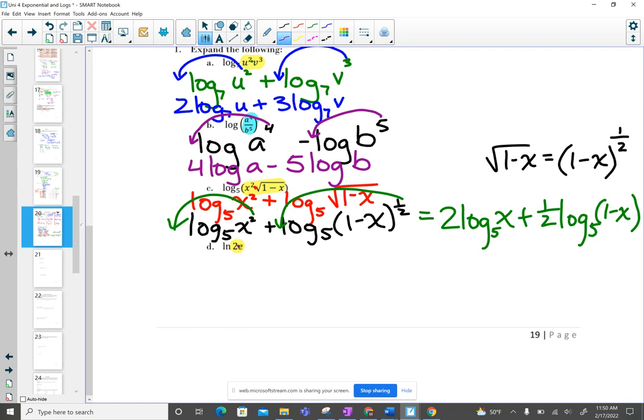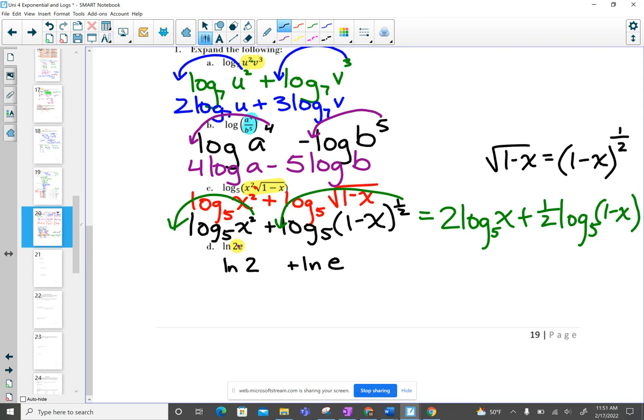It doesn't show it there, and when it doesn't show it, we assume it's multiplication. So with multiplication, the way we separate it or expand it is with addition. So you're going to have an ln plus another ln. And then you put your 2 with the first one and the e with the second one.